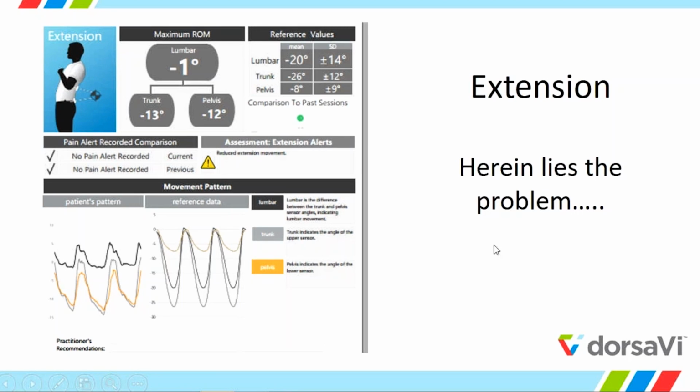I still have to monitor him, but he just found it really useful to know how much activity he's using while he's asleep to keep himself upright, so even in sleeping he's working out. This extension patterning is so nice to show patients, because you can see that the gray line and the yellow line are the same, which means it was like a board.